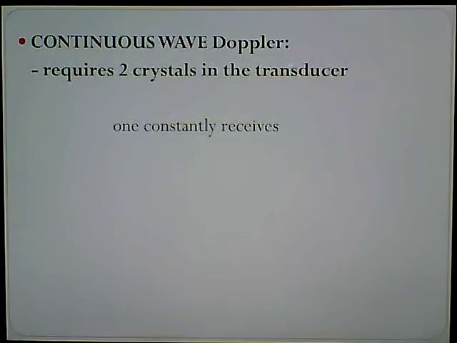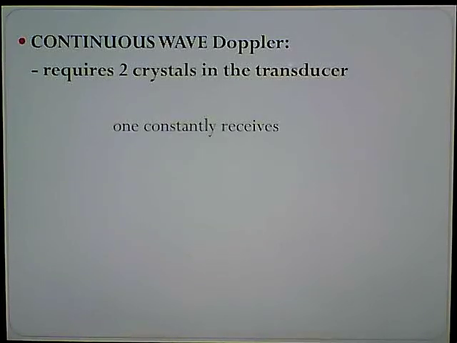Continuous wave Doppler. If you haven't noticed, we're starting to explain these Doppler processes in a little more detail. Continuous wave, you've heard this before. I know we've talked about it earlier. Now we're going to talk a little bit more detail in that it requires two crystals in the transducer.